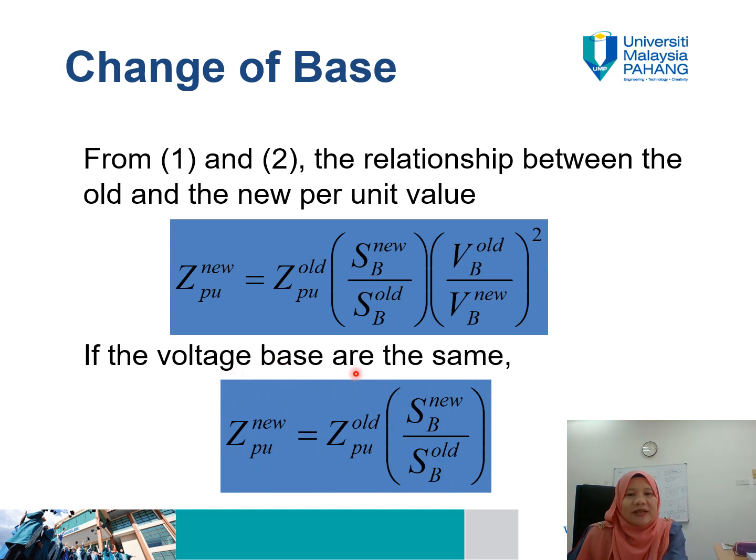If the voltage bases are the same, this part is equal to 1, since 1 to the power of 2 is equal to 1, so we can eliminate this part. So we get the new per unit impedance equal to the old per unit impedance multiplied by the new base power divided by the old base power.